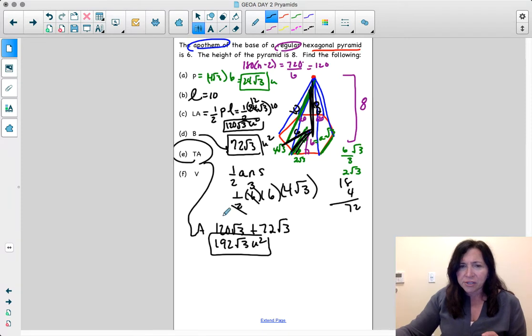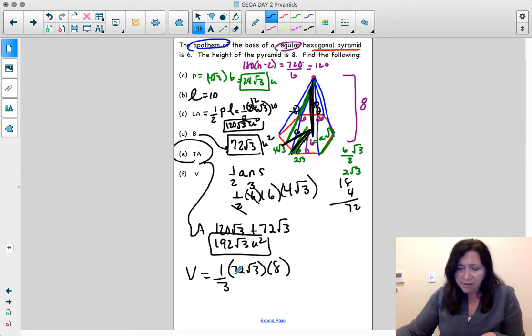And the last question is asking me for my volume. My volume is 1/3 area of the base, which is 72 root 3, times the height of the whole shape, which is 8. So 3 divides into 72. 72 divided by 3 is going to be, what is that, 24?